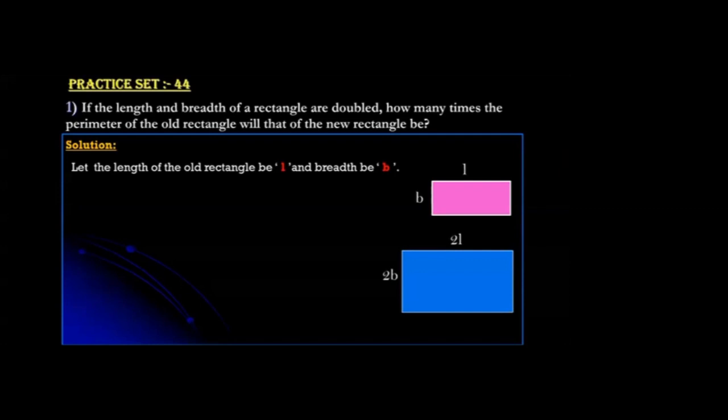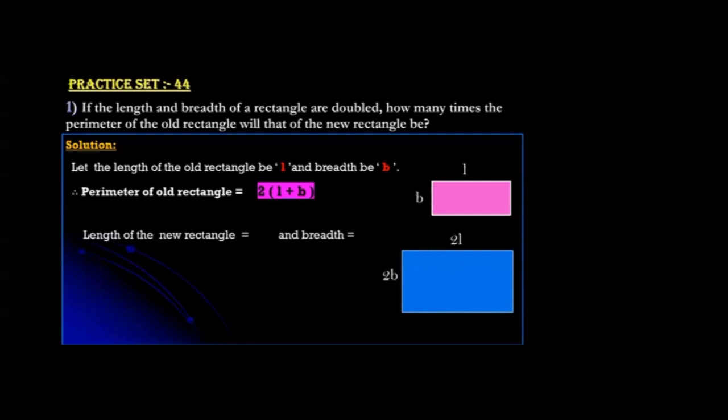Let the length of the old rectangle be L and breadth be B. As per the formula, the perimeter will be 2 times length plus breadth. So what is the length of the new rectangle? The length we are seeing on the screen: it is 2 times the length, and breadth is 2 times the breadth.